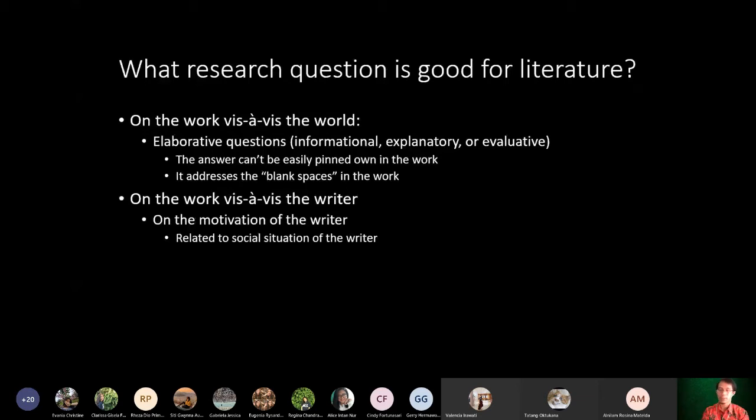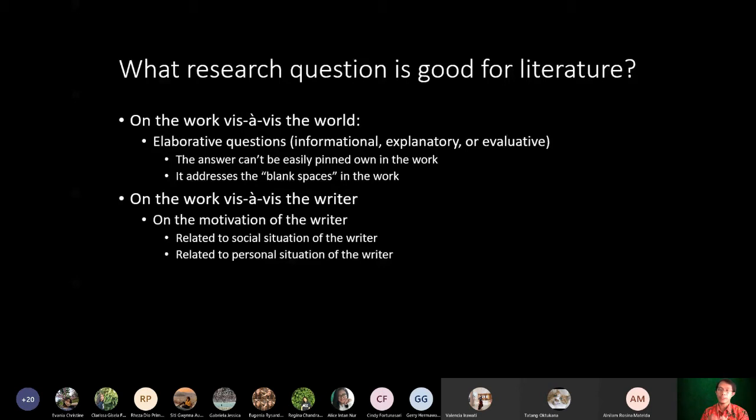Okay, I cannot limit it to men only, right? And we need to consider the social situation, the personal situation, or the emotional situation of the person, and many other things. But basically, all of this eventually will help us to find the motivation of the writer.